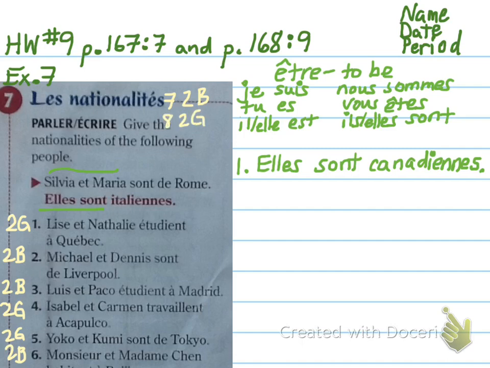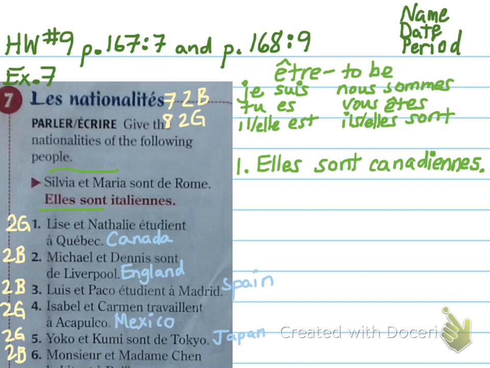Then, to help you a little bit with the nationalities, because it's been my experience that sometimes students don't know where in the world these places are, right? Quebec is in Canada. Liverpool's in England, which would make them English. Madrid is in Spain. Acapulco's in Mexico. Tokyo is in Japan.